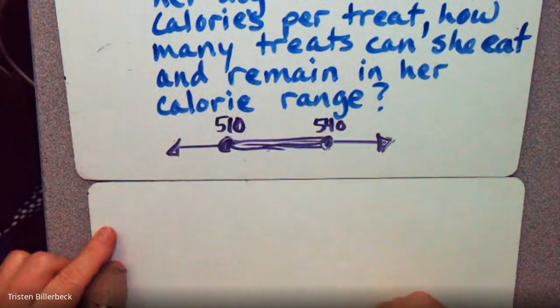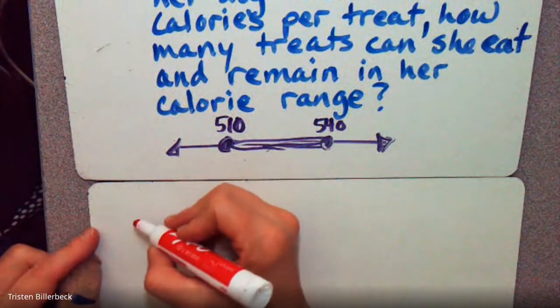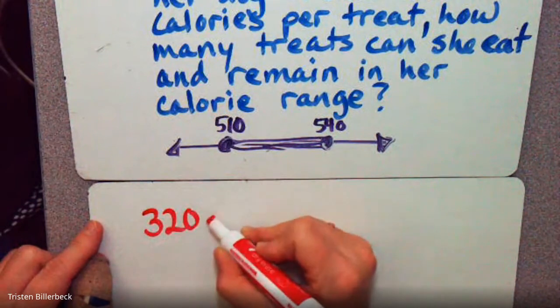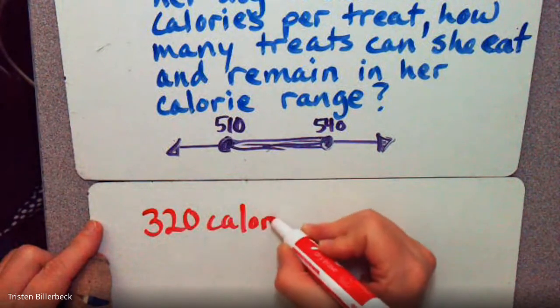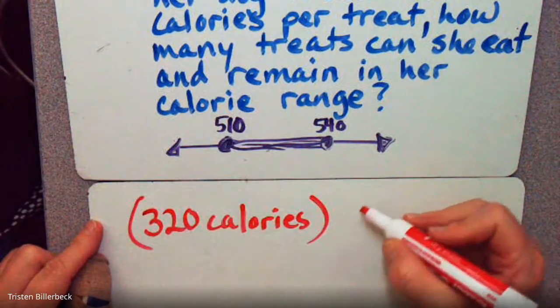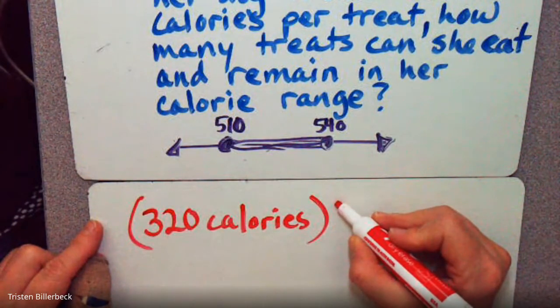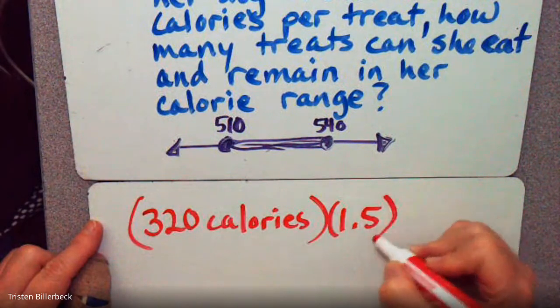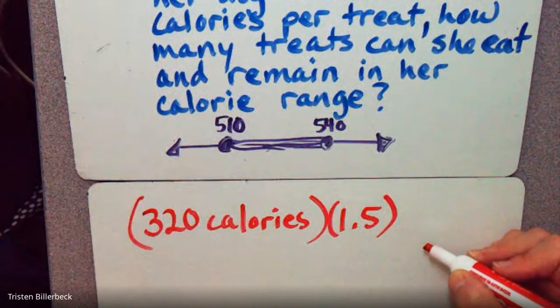Okay, so the dog's food is 320 calories, and River, the dog, likes to eat 1.5 of those servings. So we can multiply by 1.5.